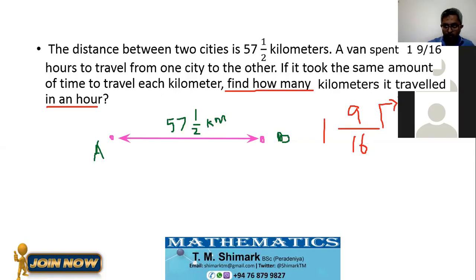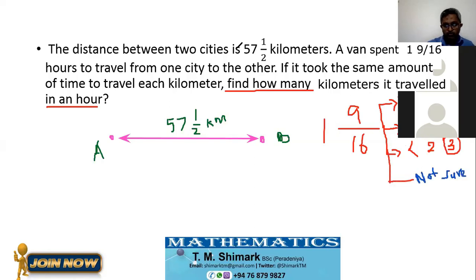Answer 2, equal to 2. Answer 3, less than 2, smaller than 2. Answer 4, not sure.